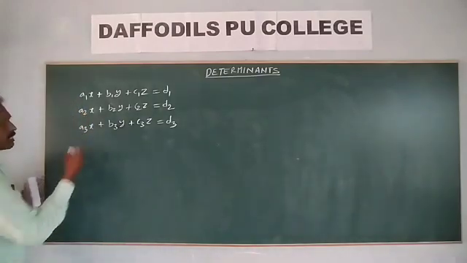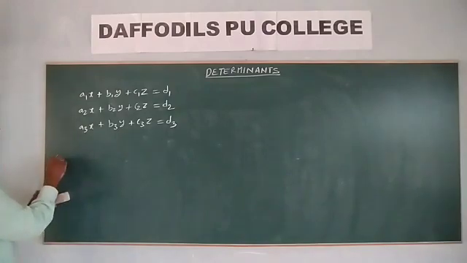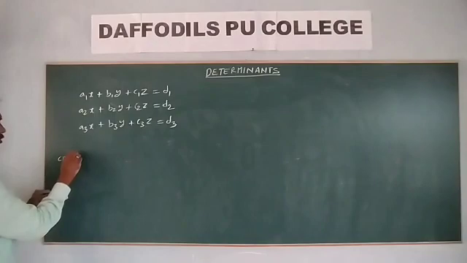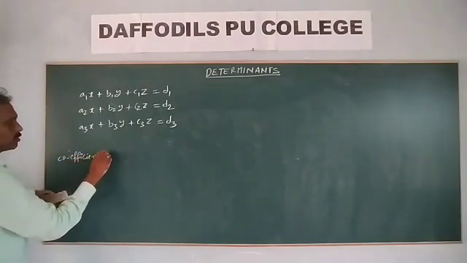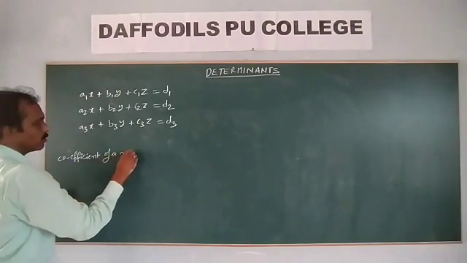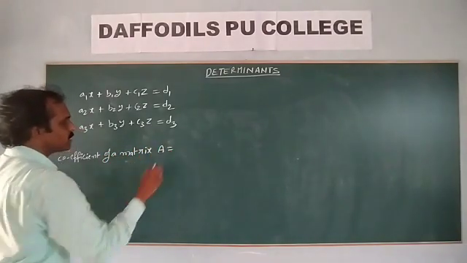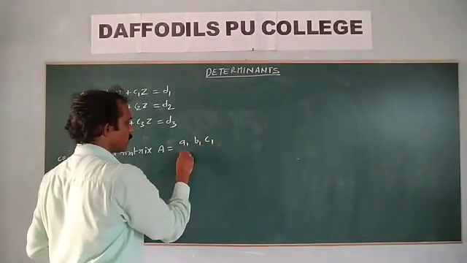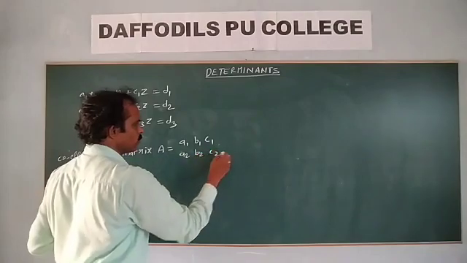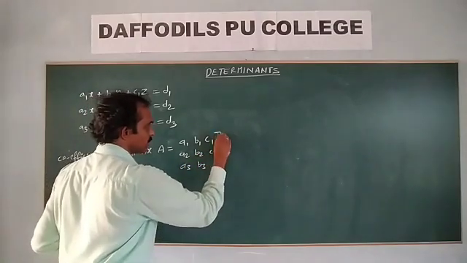For these equations, A is the coefficient matrix: A is equal to a1, b1, c1; a2, b2, c2; a3, b3, c3.